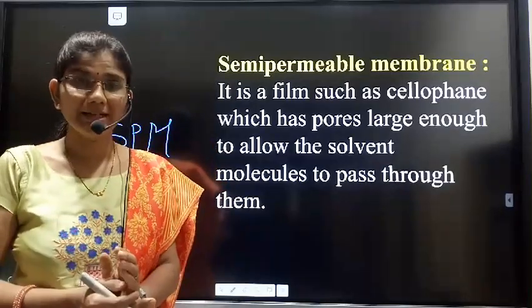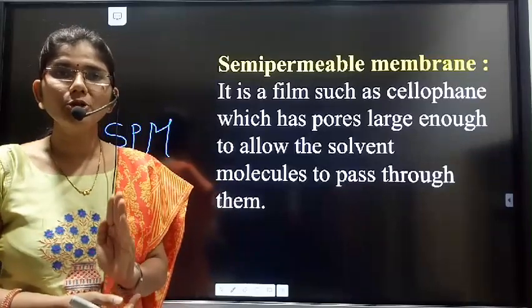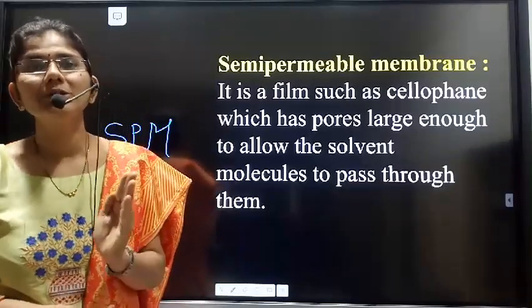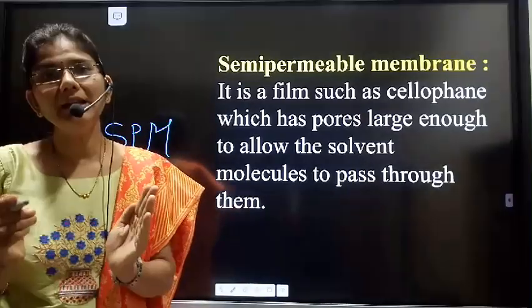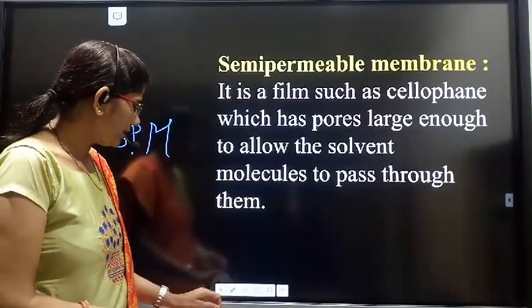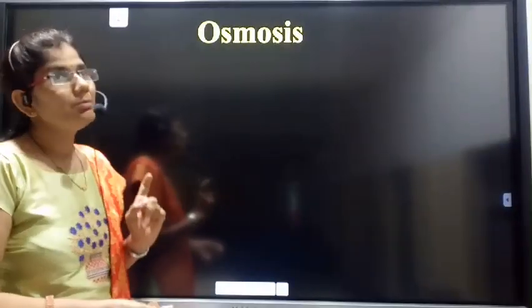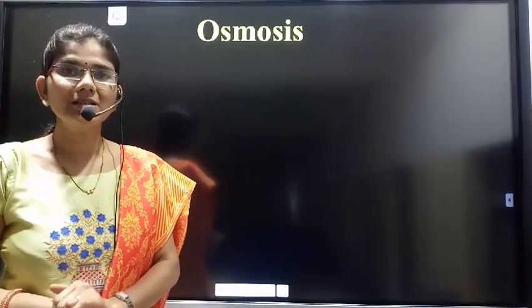It is a membrane which allows only solvent molecules to pass through, and it is called a semi-permeable membrane.